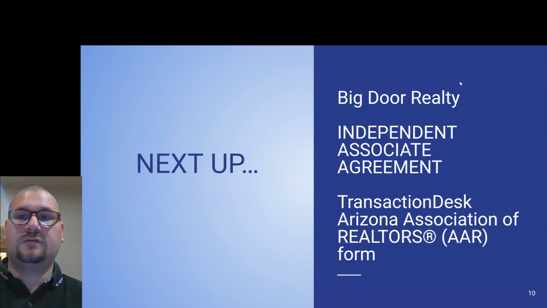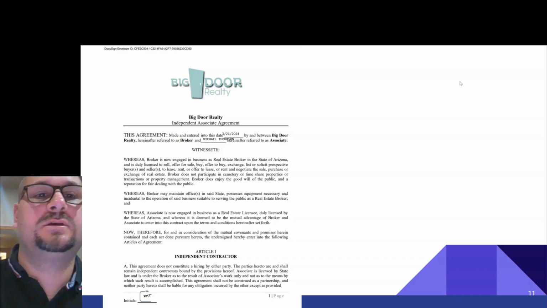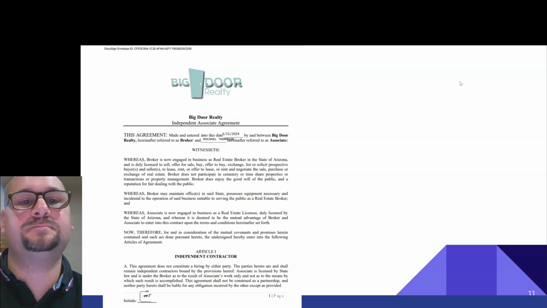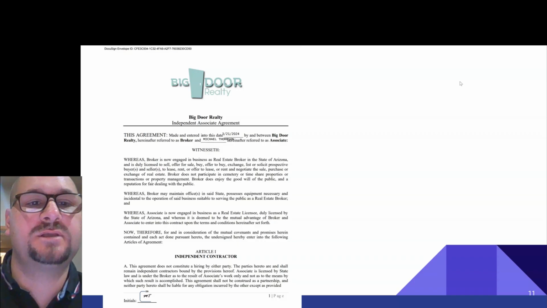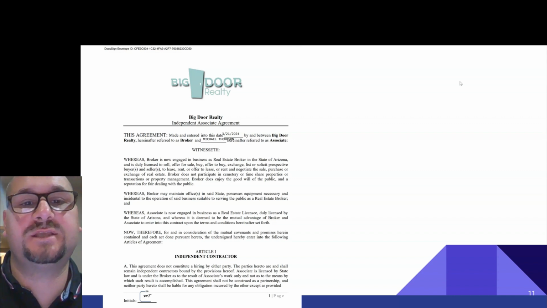All right, so we're going to go over an example, Big Door Realty's independent associate agreement, to see how that policy is outlined. So here, the agreement. You usually start with the company name. This is an agreement I had to sign in the past. So this agreement made and entered into this date.